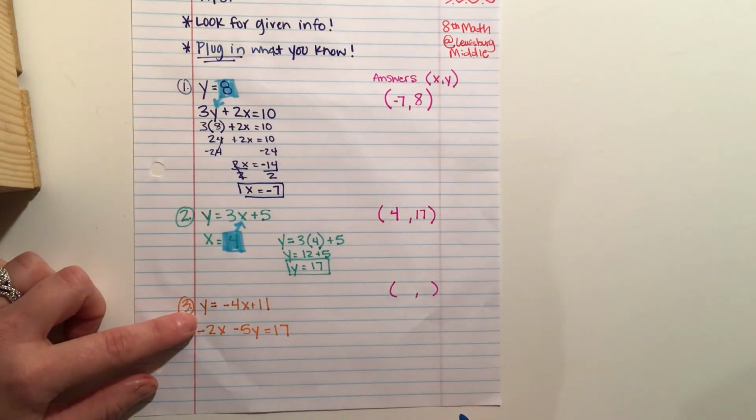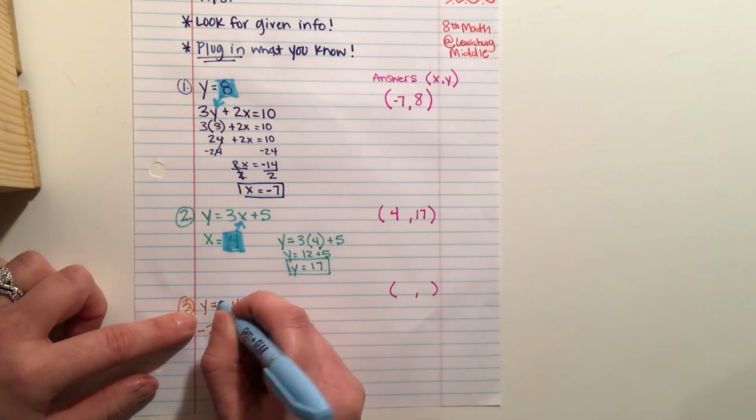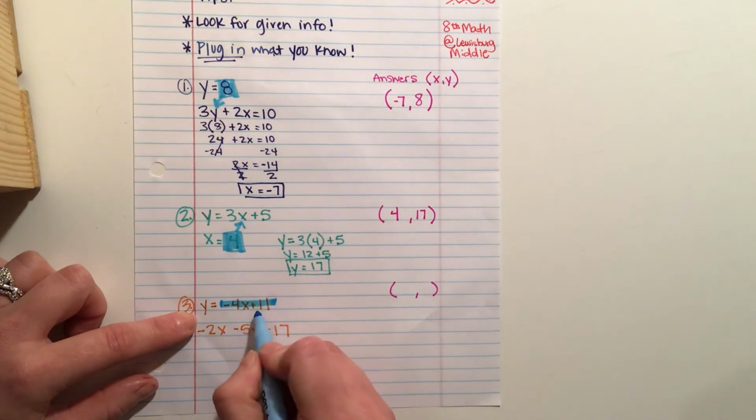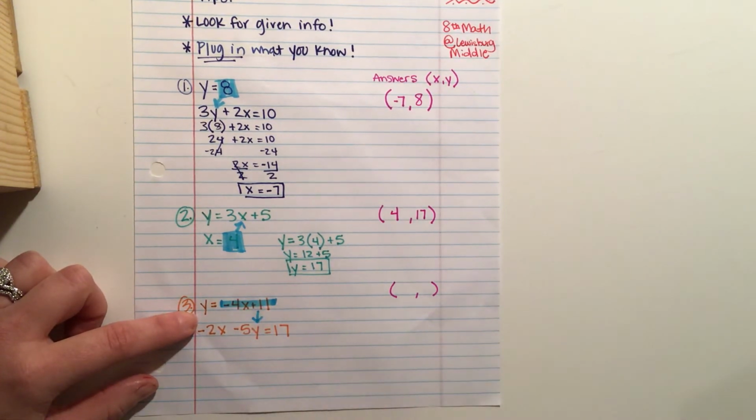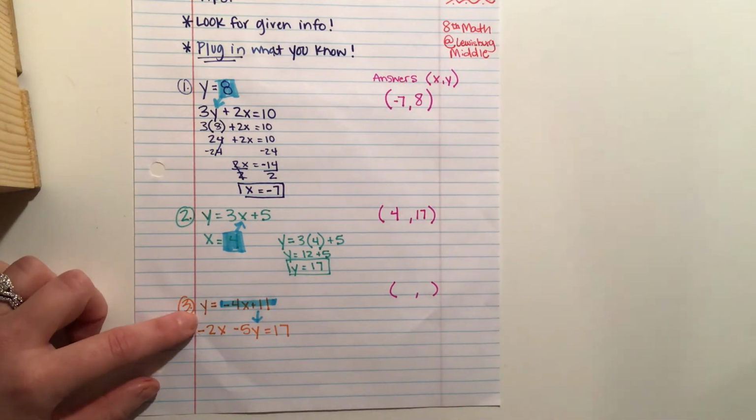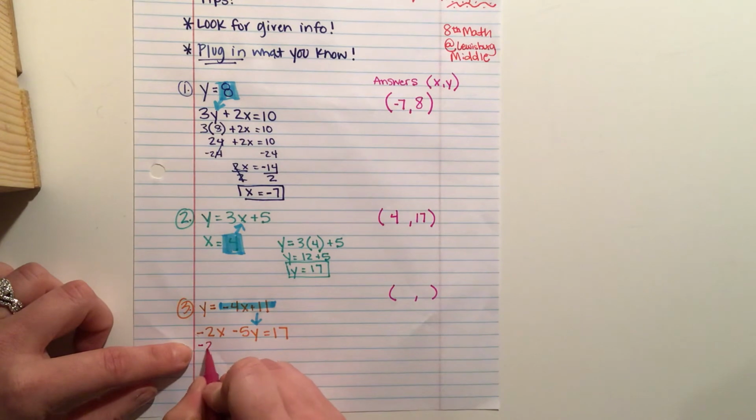But using the substitution method, we can take this information and plug it in for y. Then distribute that negative 5 to everything up there. So let's rewrite this showing that actual step. We're going to rewrite negative 2x minus 5.